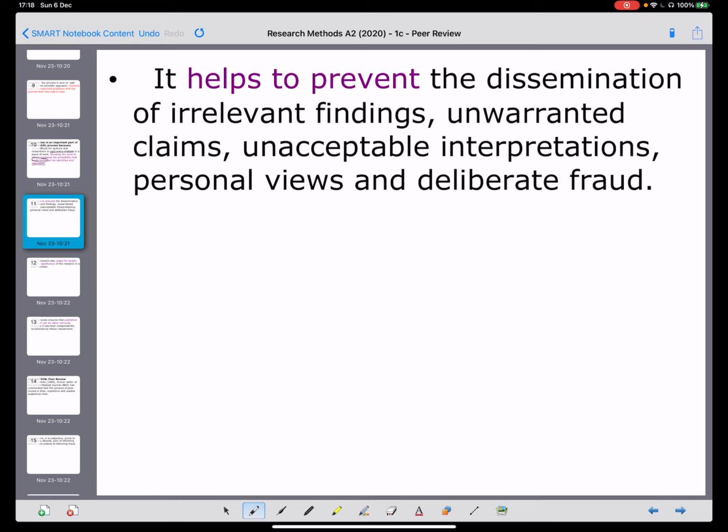It also says it helps prevent the dissemination of irrelevant findings, unwarranted claims, and unacceptable interpretations. So in other words, part of this idea is that somebody else is checking my work. And so if I do have findings that are irrelevant or unwarranted, or potentially even deliberately fraudulent, it helps prevent that.